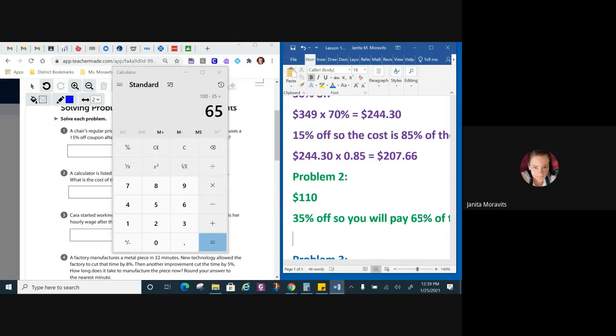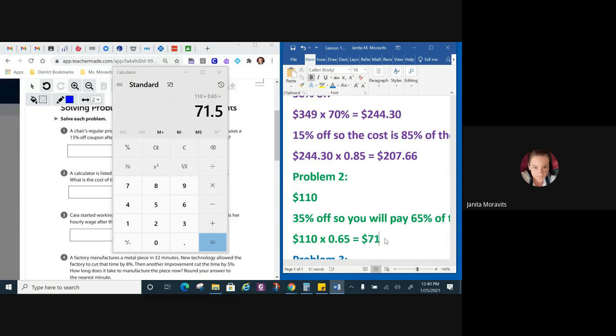All right, so we've got $110 times, and we change 65% to a decimal, 0.65. All right, so let's see how much you're actually going to pay for it. 110 times 0.65 equals $71.50.